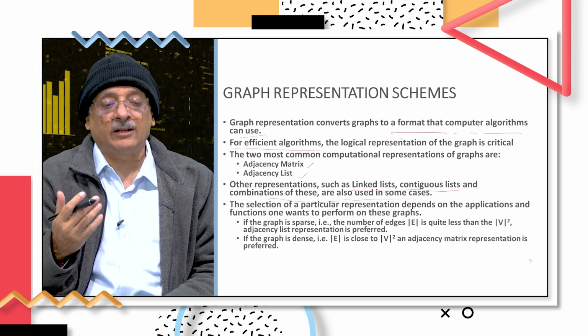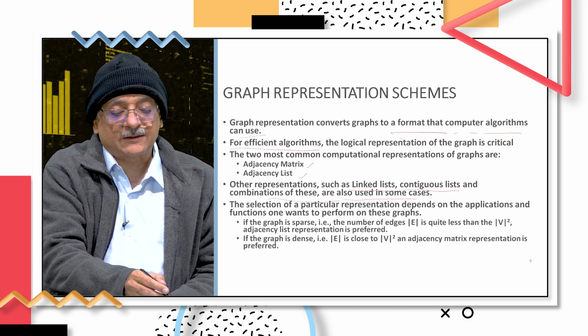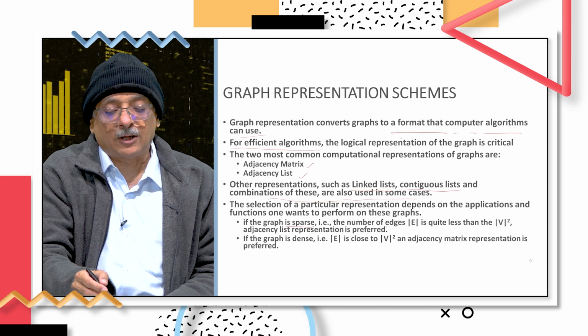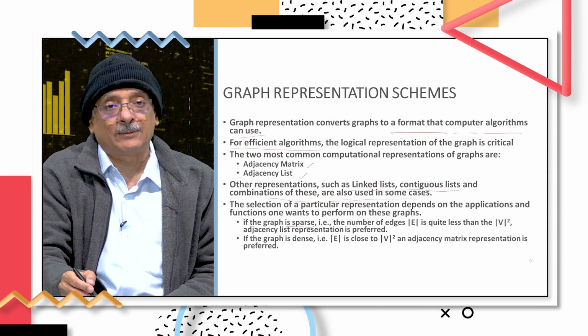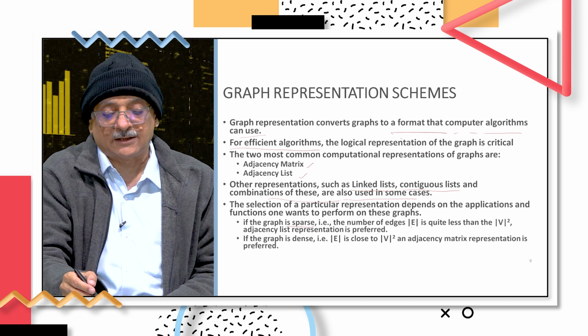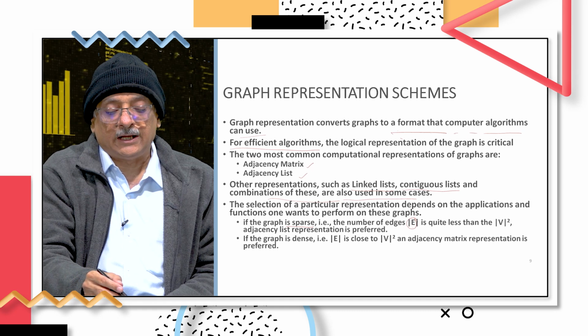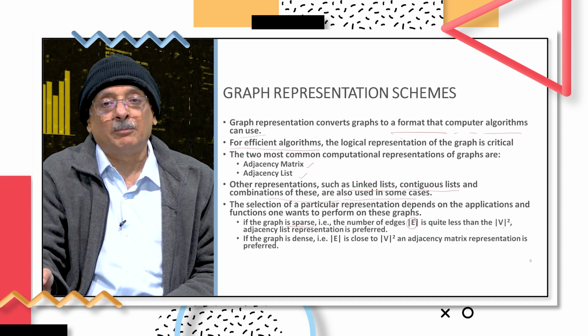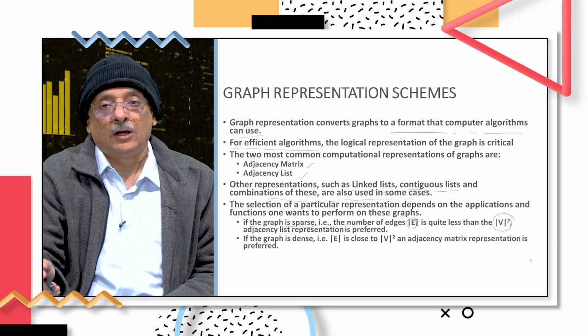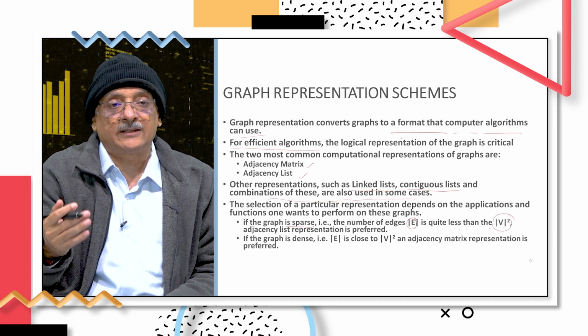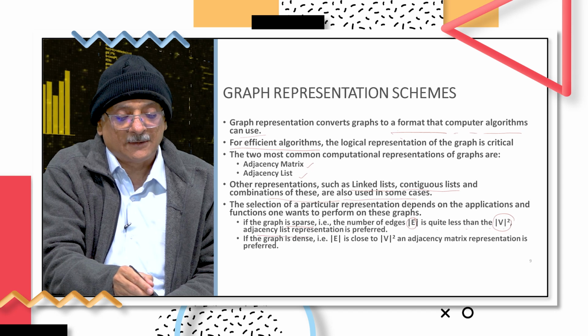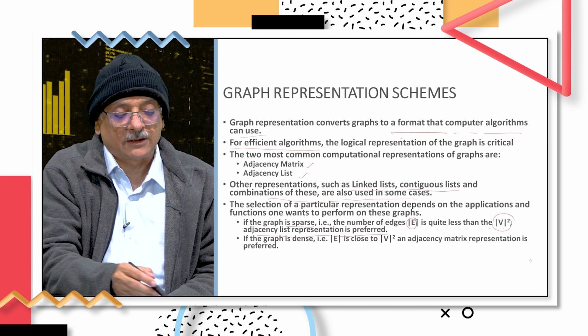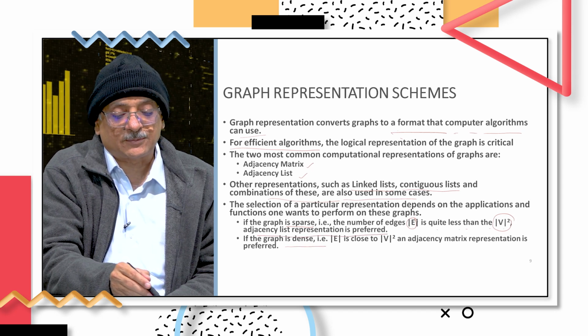However, the general thumb rule is: if a graph is sparse, that is, the number of edges, represented by modulo E, the size of the set of edges, is quite less than the number of vertices squared, then we say that adjacency list representation is preferred, and this is a sparse graph.